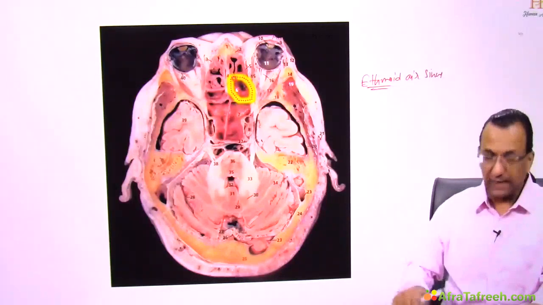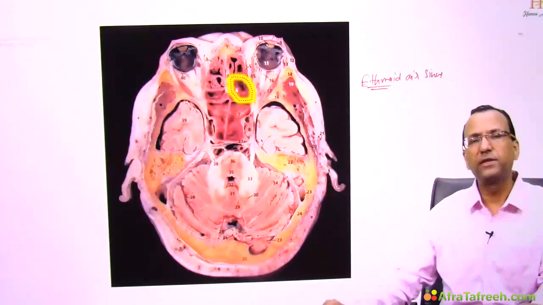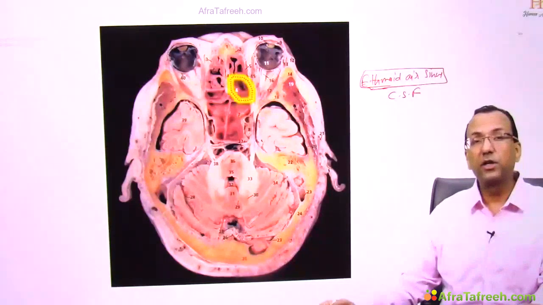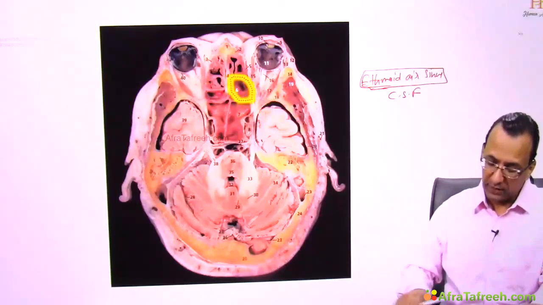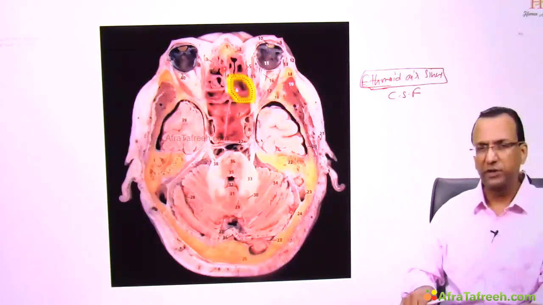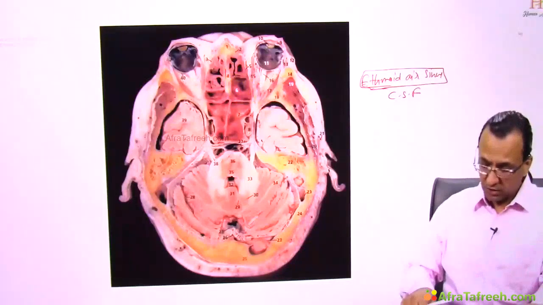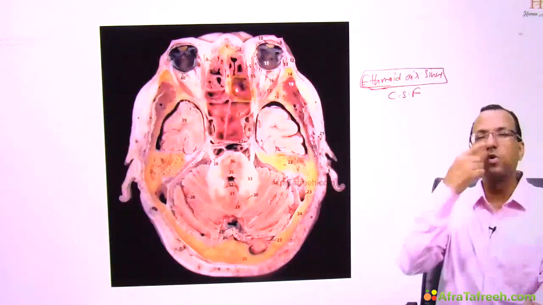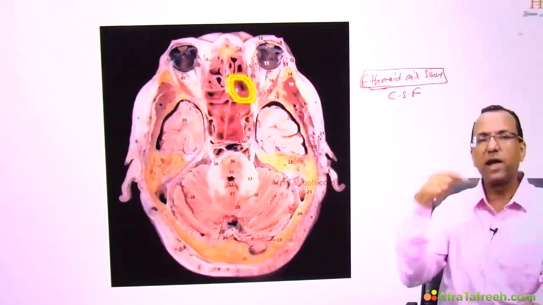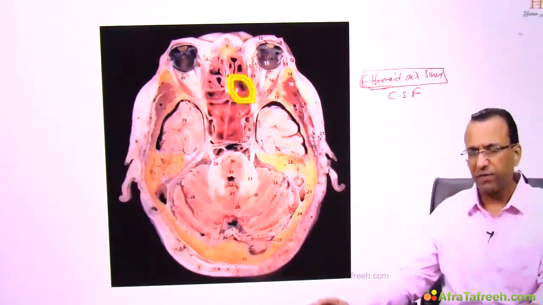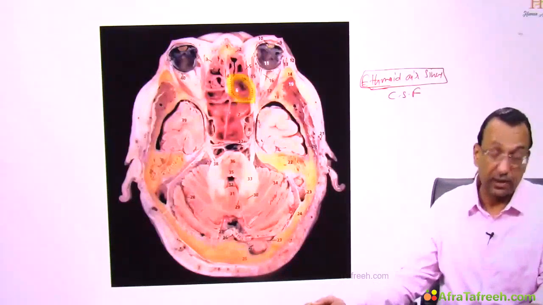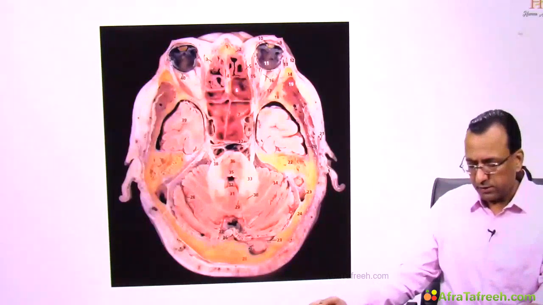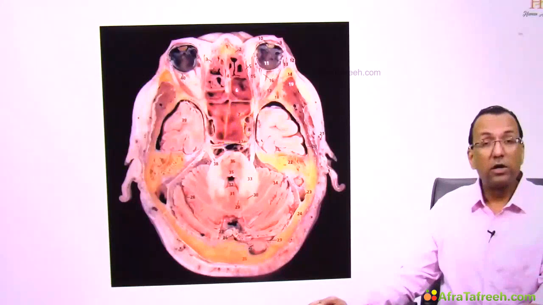So, if there is a fracture at the floor of the anterior cranial fossa, which is the roof of the nasal cavity, then there will be CSF in the ethmoid air sinus coming out of the nose, which is called CSF rhinorrhea. So this is the sinus which will be filled with CSF in case there is a fracture.